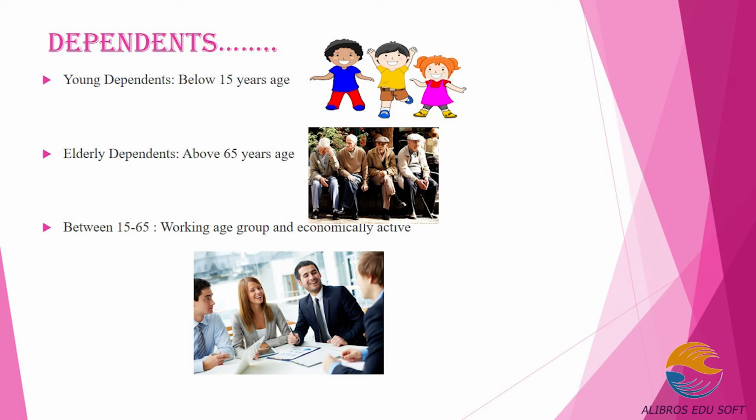There are two types of dependents. Young dependents, that is children below 15 years of age. Next is elderly dependents. They are the elder people above the age of 65 years. Between the ages of 15 to 65 are those who are of the working age and are economically active.